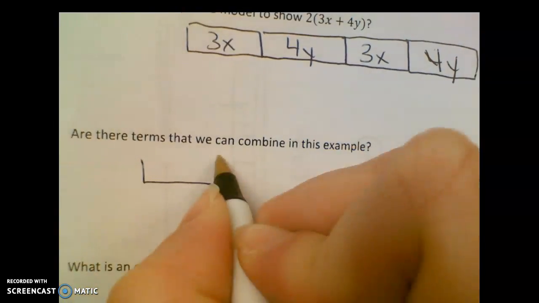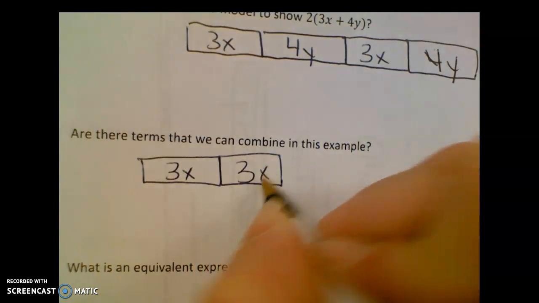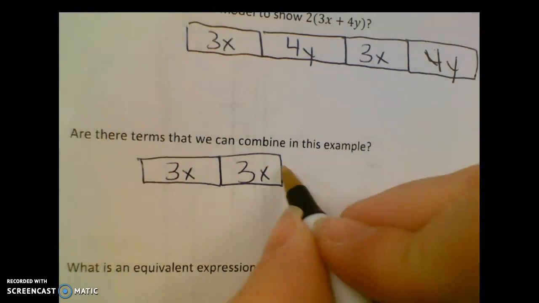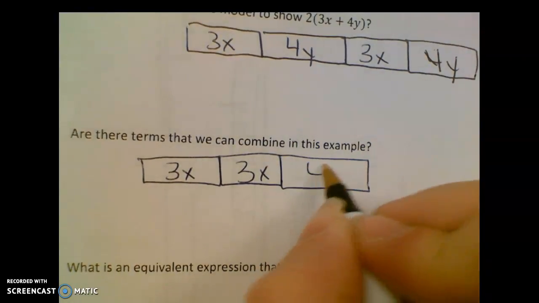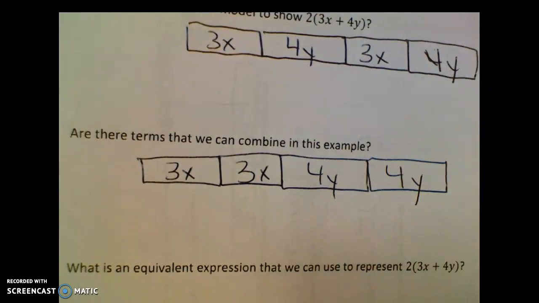So what if I drew it like 3x and 3x? So it's these two things still, but instead of being separated, now they're together. And then I have one 4y and another 4y. Again, we know that we didn't change the value of this expression. We just changed the order of the terms, and we are allowed to do that because of that commutative property.